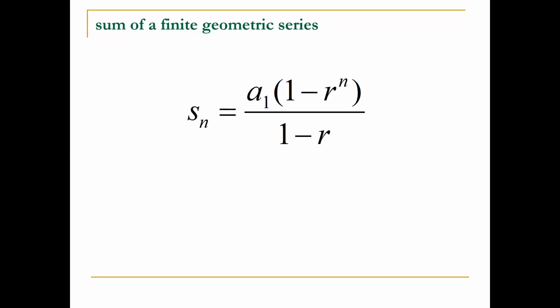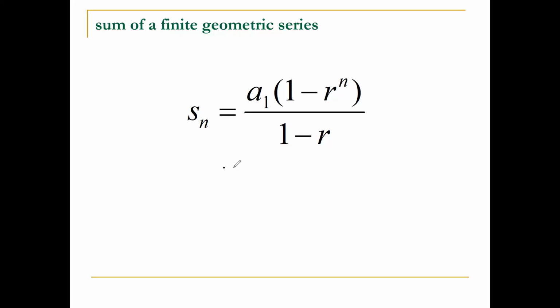Okay, now we'll proceed to geometric series. To find the sum of a finite geometric series, when we say finite, it means it's countable. So we have the last term for the given geometric sequence. The formula to find the sum of a finite geometric series is S of n equals a sub 1 multiplied by 1 minus r raised to n, all over 1 minus r.